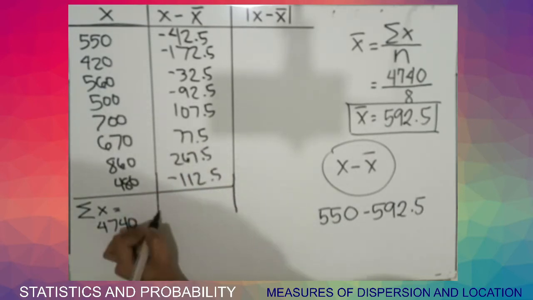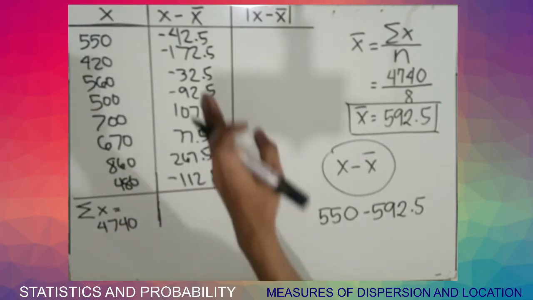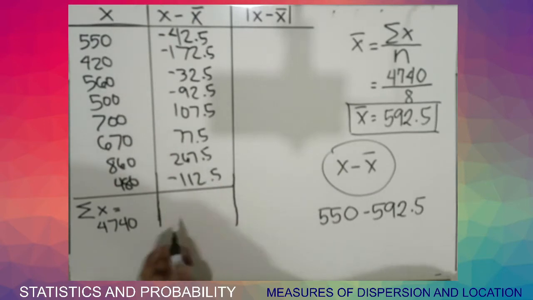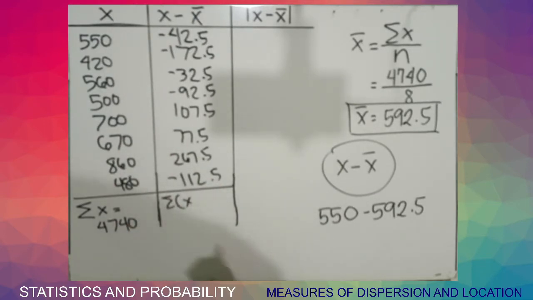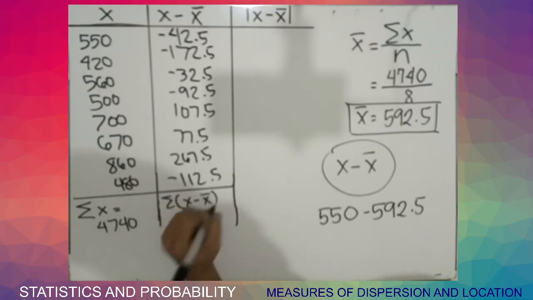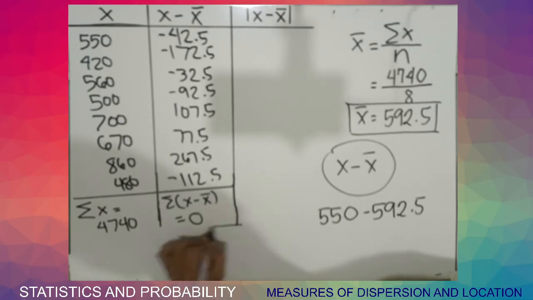Okay, nakakasunod ba? Okay, so ang sunod na gagawin natin, automatic kasi ang sagot dyan ay 0. So, summation of the quantity of x minus x bar is equals to 0. Okay? So, lagay lang natin yan.